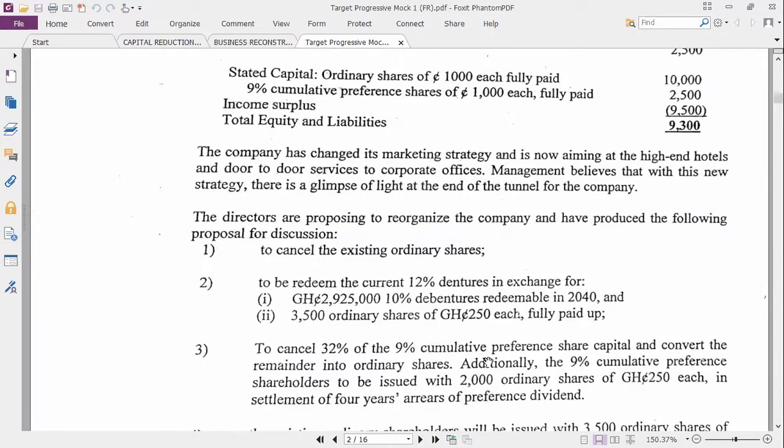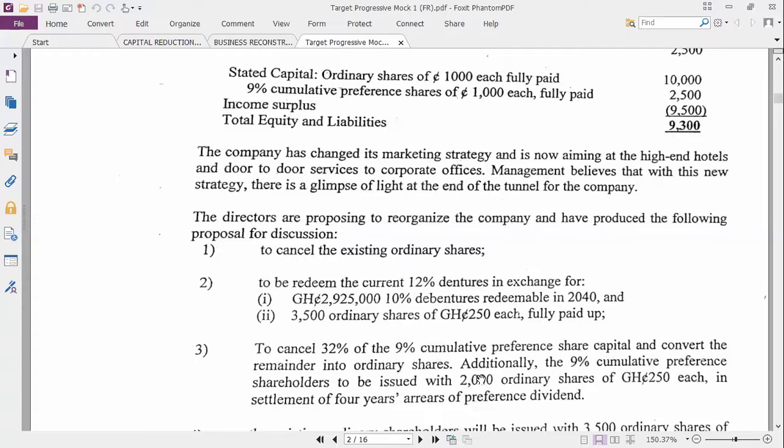So line by line. Additionally, the 9% cumulative preference shareholders are to be issued with 2,000 ordinary shares of 250 each in settlement of 4 years arrears of dividend. So that's the latter part. It means that we owe them 4 years dividend and we have to settle.